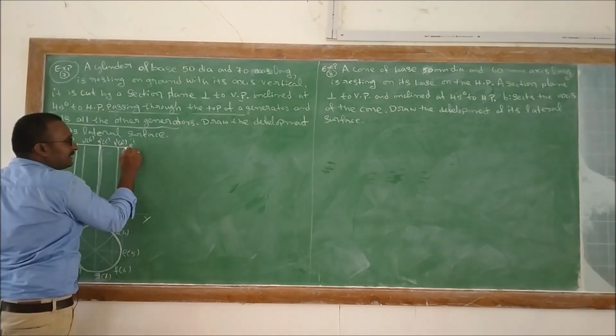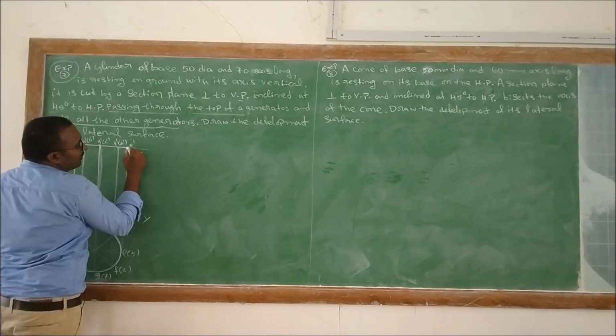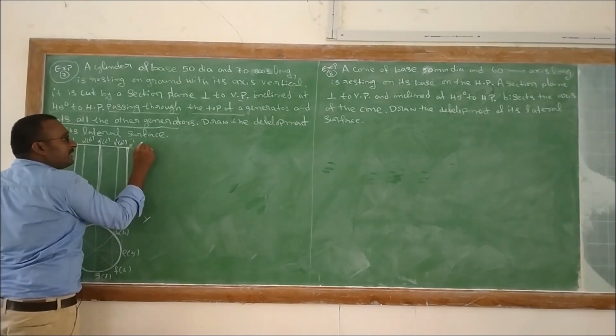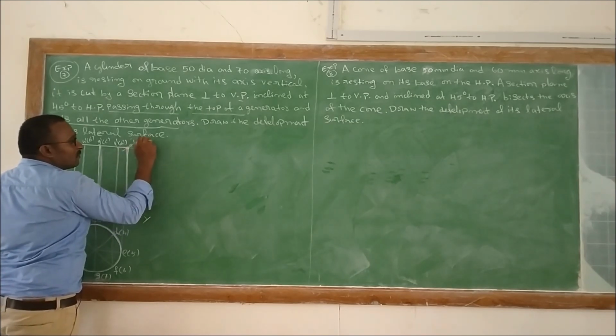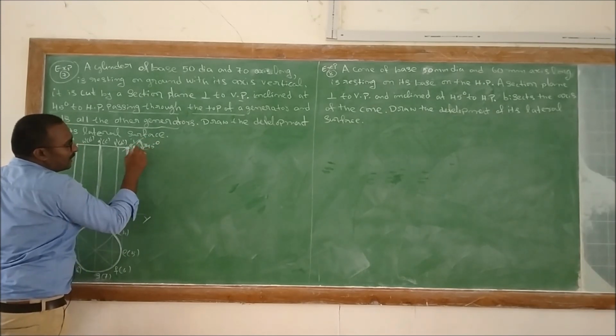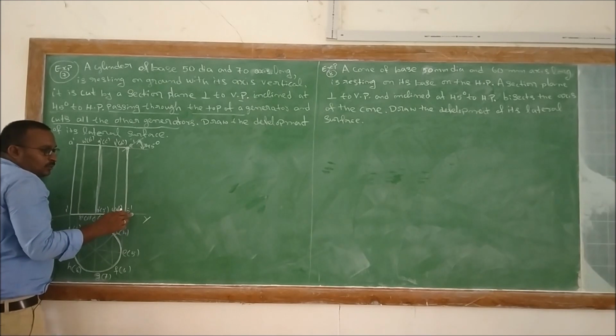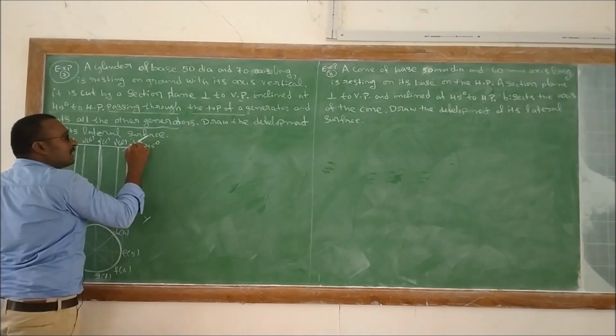So let us imagine that here I am going to start the cutting section plane, and then from here we need to mark the 45 degrees inclination line. So here there will be a 45 degrees inclination line. Automatically to the XY line also it will be a 45 degrees inclination line.